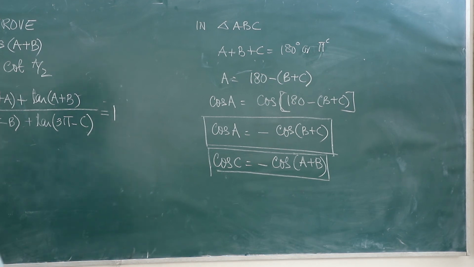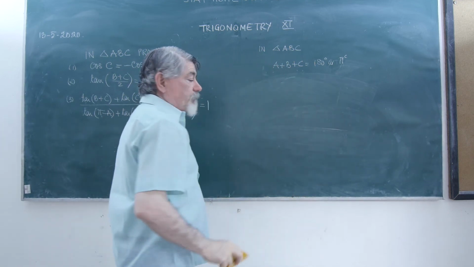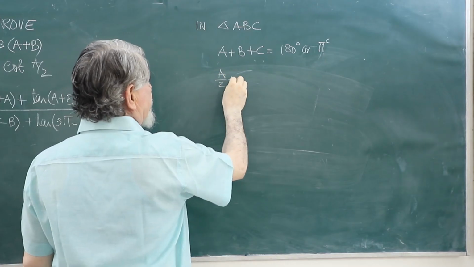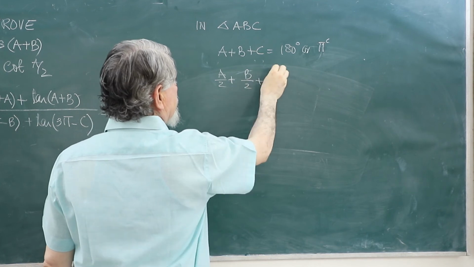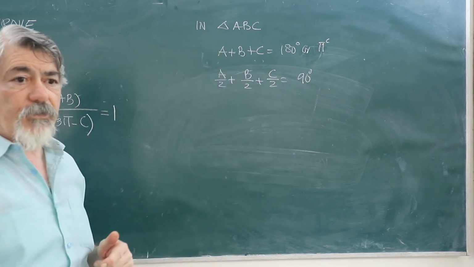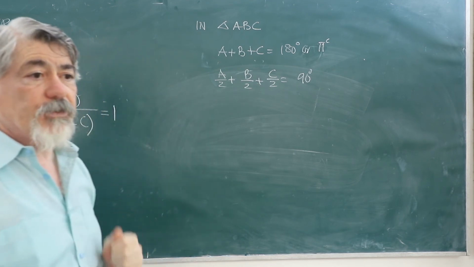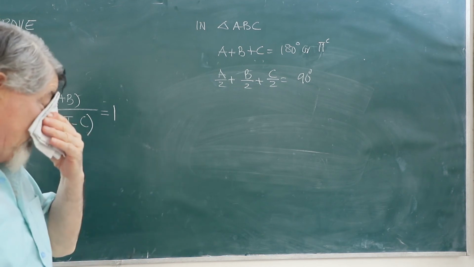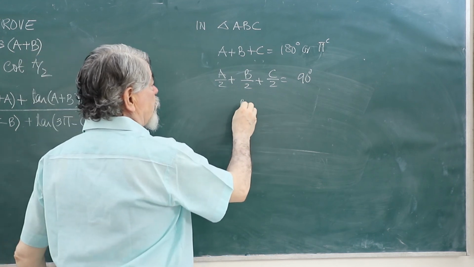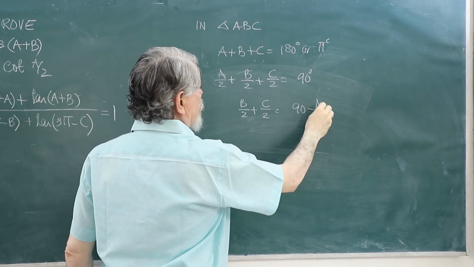Now let us see the second one. A plus B plus C is 180. So A by 2 plus B by 2 plus C by 2 will be 90, because if I divide everything by 2, A by 2 plus B by 2 plus C by 2 will be 90. Now I want to find out tan (B plus C) by 2. So I will take B by 2 plus C by 2 is equal to 90 minus A by 2.